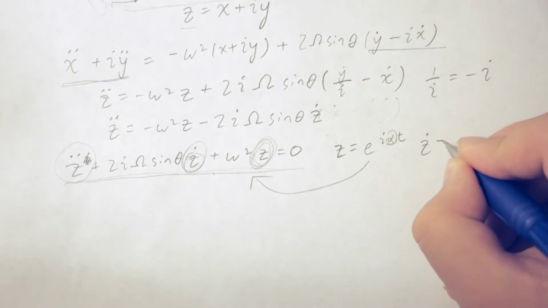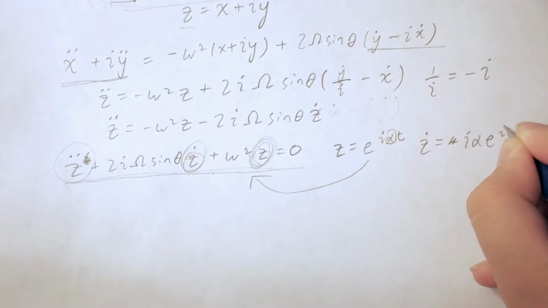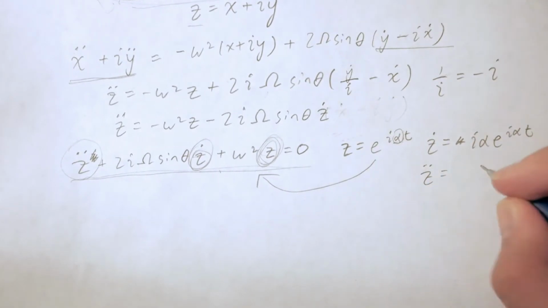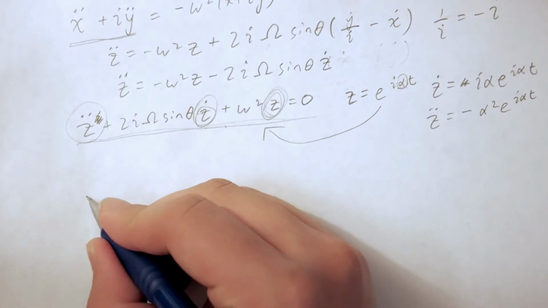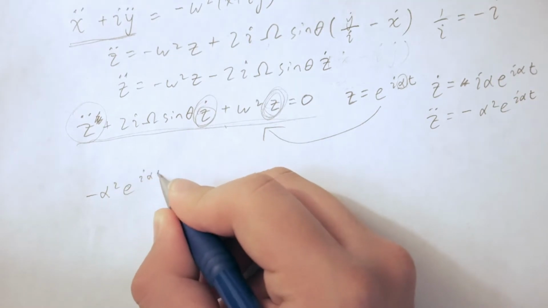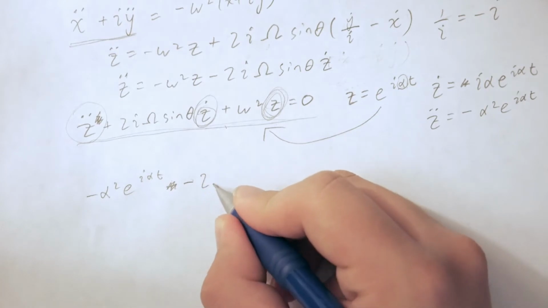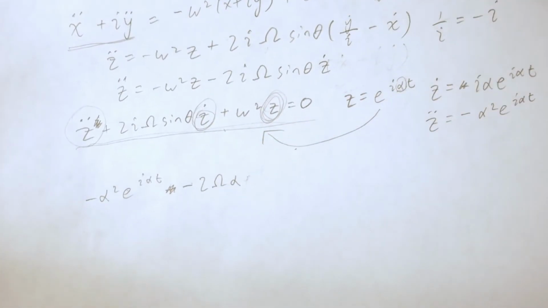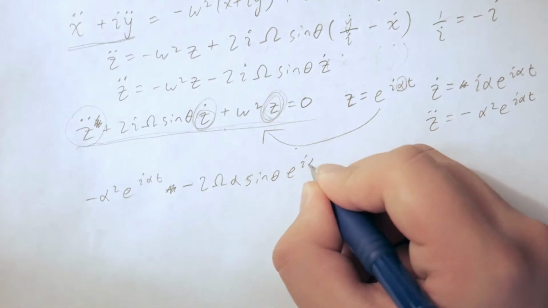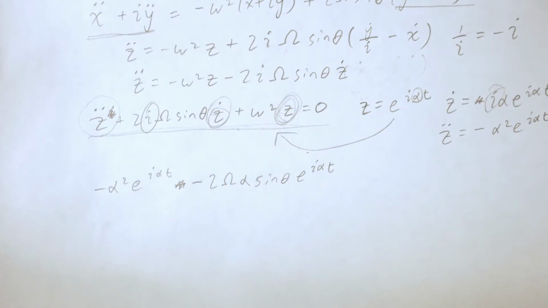So we know z prime is... so substituting these back into here, we get... and you notice how since there's an i here and an i in this term, the i actually goes away.